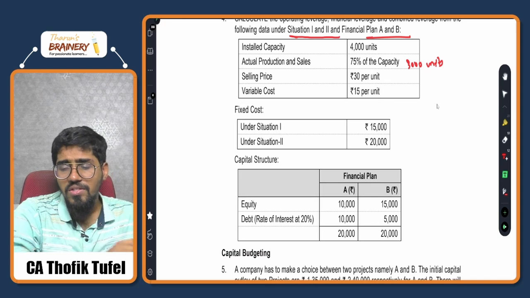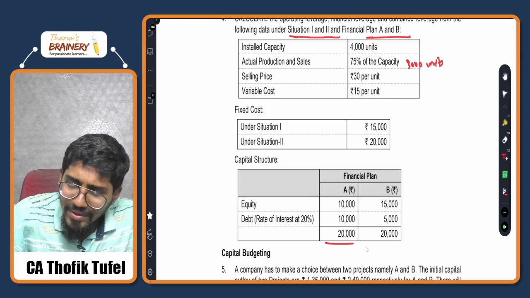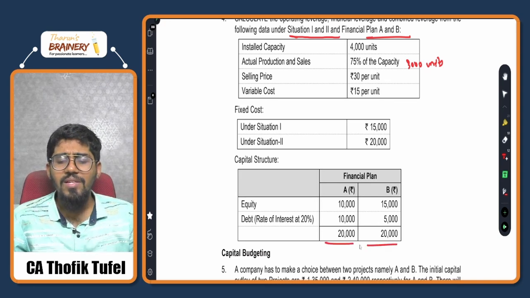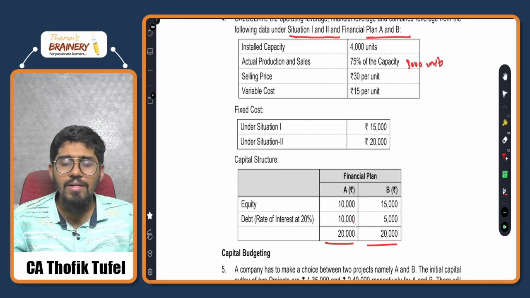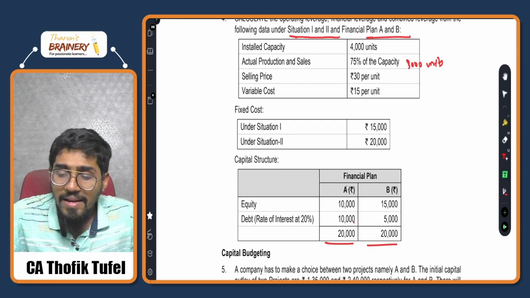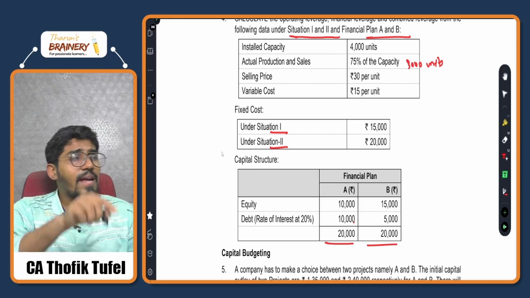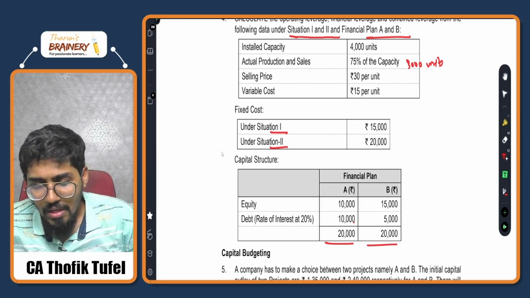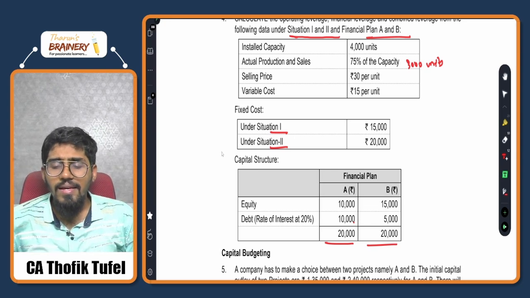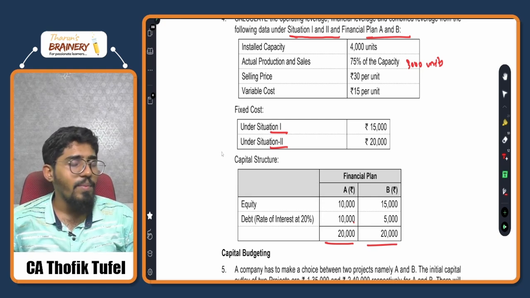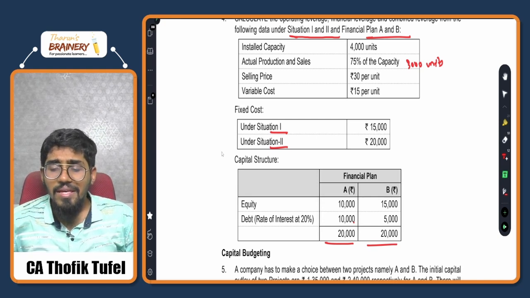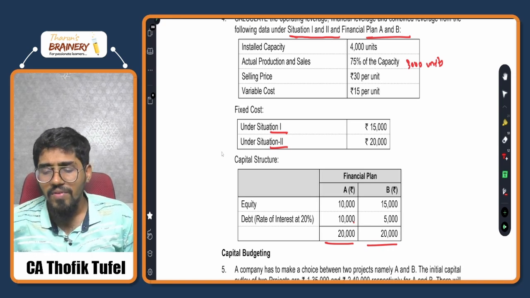Next, capital structure is given. They need 20,000 rupees. In the first case, 10,000 is equity and 10,000 is debt. This is financial plan A. That was situation 1, about the fixed cost. Now they have two financial plans. In the first case, a debt of 10,000 rupees and an equity of 10,000 rupees. In the second case, equity of 15,000 rupees and debt of 5,000 rupees.